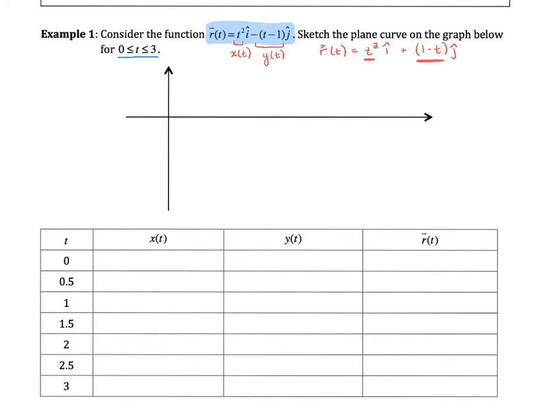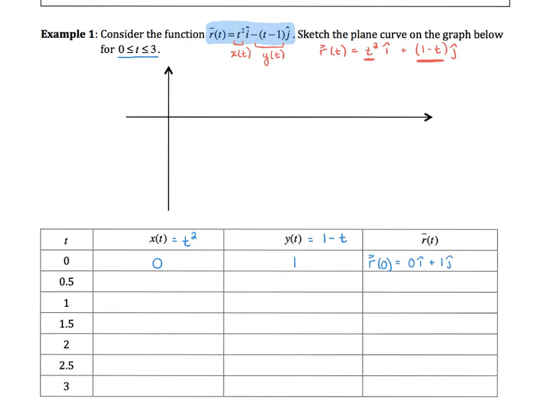All right, so let's start with t equals 0. When t is 0, x of t, which is equal to t squared, will be 0, and y of t, which is equal to 1 minus t, will be 1. So that means r of 0 will be 0 i hat plus 1 j hat.